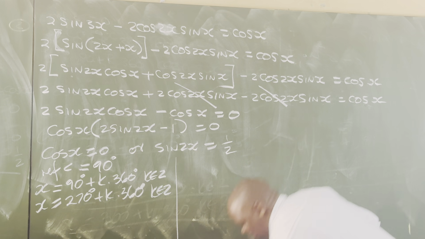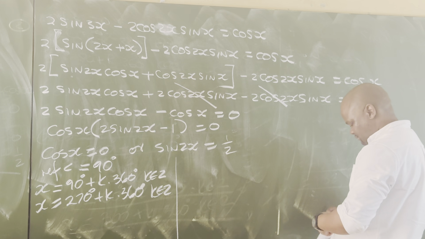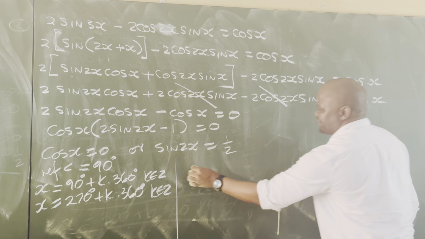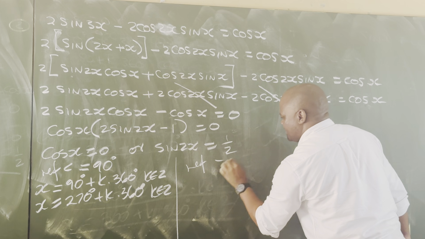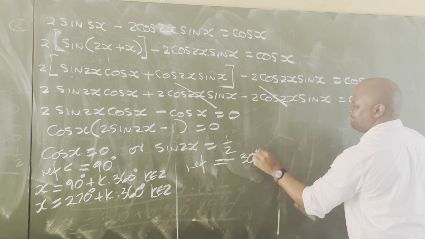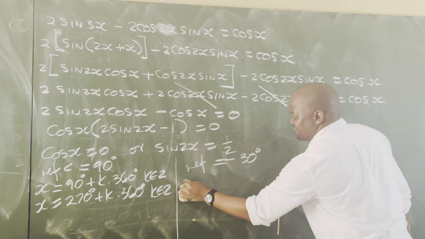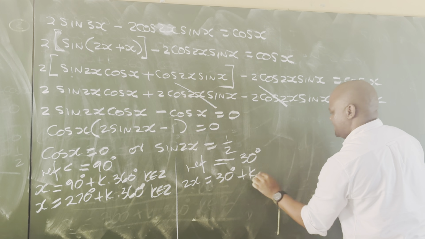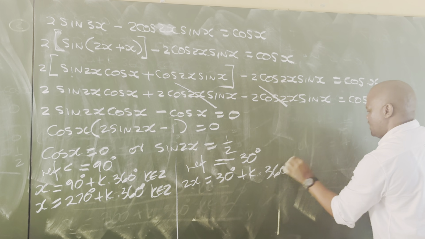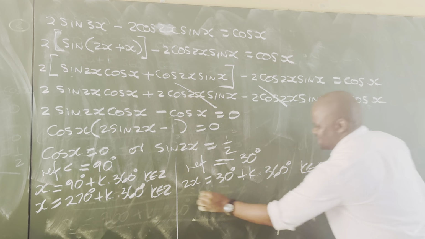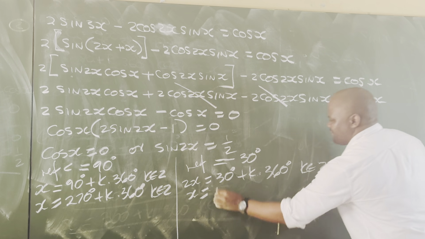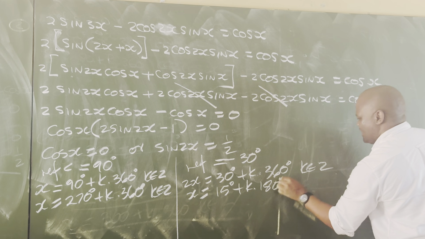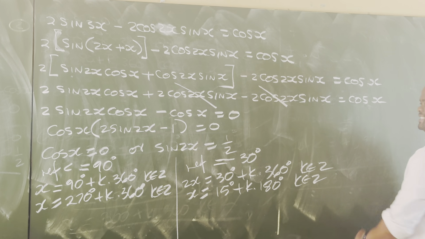What about this one? Reference angle is going to be 30, and then the first quadrant, 2x equals to 30 plus k times 360, where k is an element of integers. Then x is equal to 15 plus k times 180, where k is an element of integers.